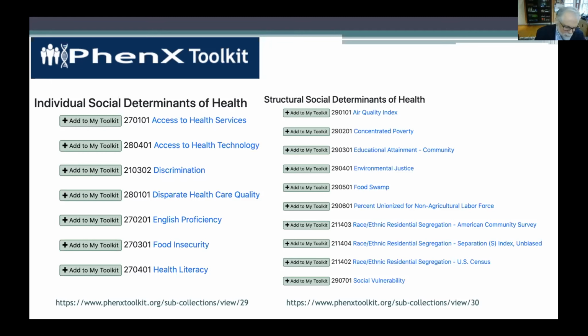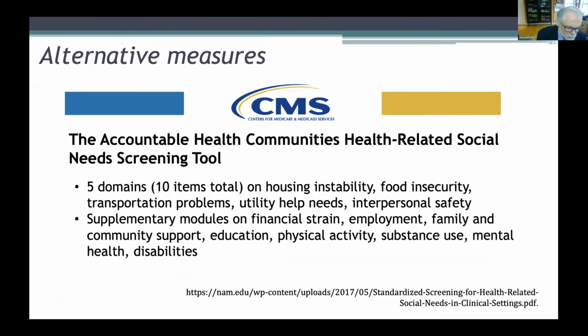Next slide, please. The next 3 slides, which I'll go through very quickly because of time, give you other alternatives for possible measures of social determinants that you can use. This one is from CMS, the Centers for Medicare and Medicaid Services. It's only 10 items, and it includes, for example, a single item on financial strain as one of the supplementary modules.